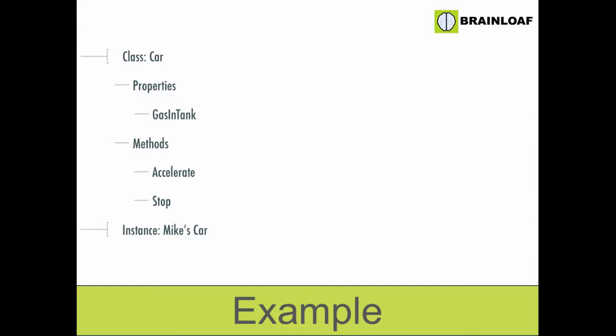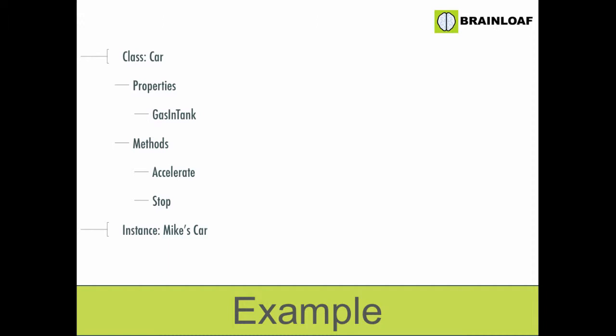So here's a very simple object-oriented code example. We have a class called a car, and that class defines some properties, such as gas in tank, which tells us how much gas is remaining in the tank. And then we have some methods on it, such as accelerate and stop. And those are methods that we can call that'll tell this software version of a car to do certain things.